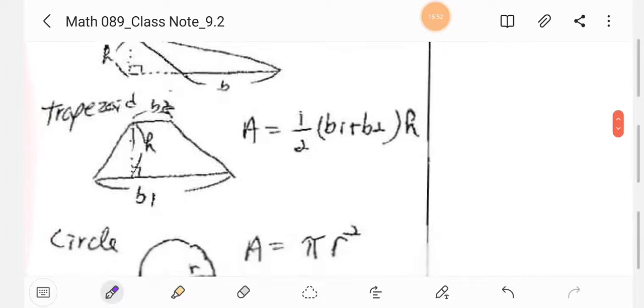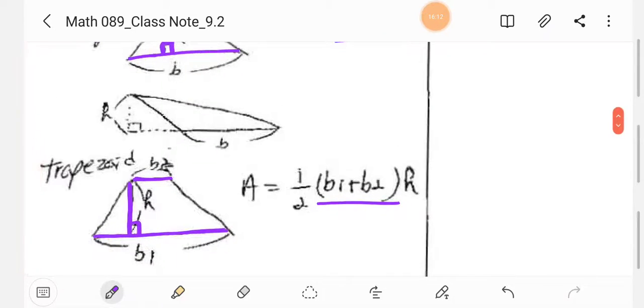And trapezoid is this. Trapezoid, so these two are parallel, right? There are two bases. So base 1 and base 2. So add up base 1 and base 2 and multiply by the height. And then divide by 2. Just like a triangle. For the area of a triangle, we multiply the base and the height, then divide by 2.